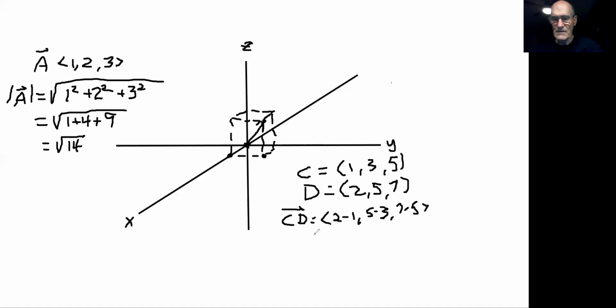Okay, and if we completed the algebra here, we would basically get 2 minus 1 is 1, 5 minus 3 is 2, and 7 minus 5 is 2.